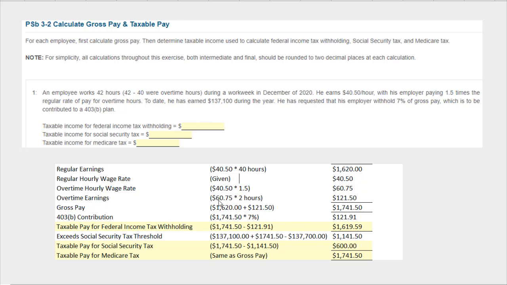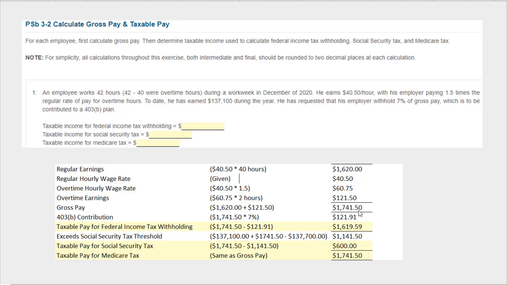With the rate, we multiply by the quantity, the hours: 2 hours of overtime times the overtime rate of $60.75, and that comes out to $121.50. So we add the overtime earnings to the regular earnings. These two together equal the gross pay, $1,741.50. All right, that's gross pay, and that's pretty much what we had done in the previous chapter.